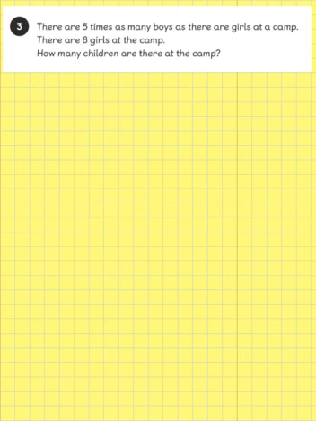So from this question, we know that there are 5 times as many boys as there are girls at a camp. So from the information already, we know that there are going to be more boys than there are girls. We know that there are 8 girls at the camp.